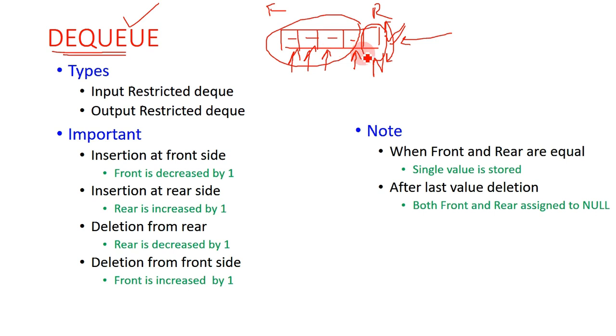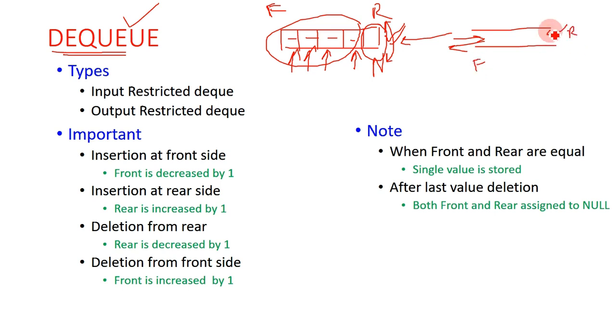You can insert from the front side as well as from the rear side. So DQ is just like the normal queue, but you can do insertion as well as deletion from the front side and also from the rear side.